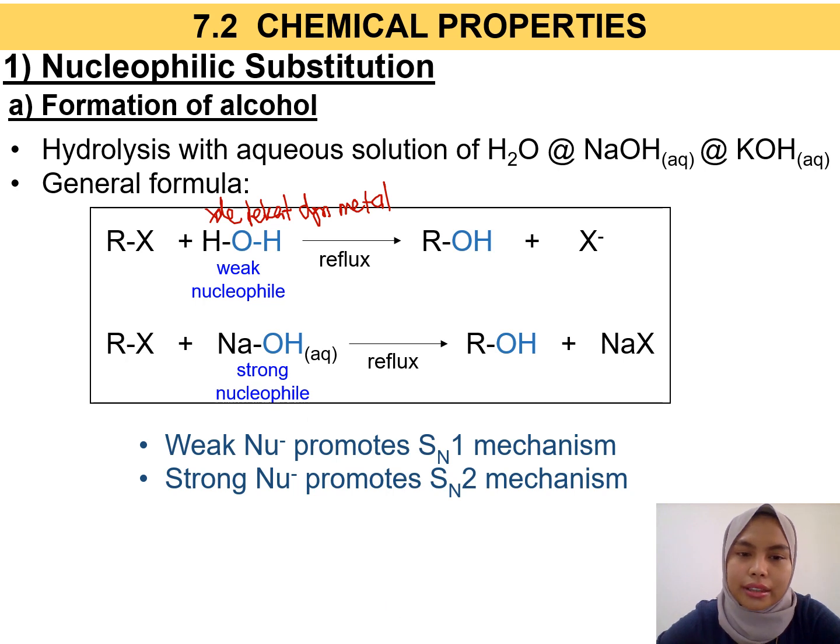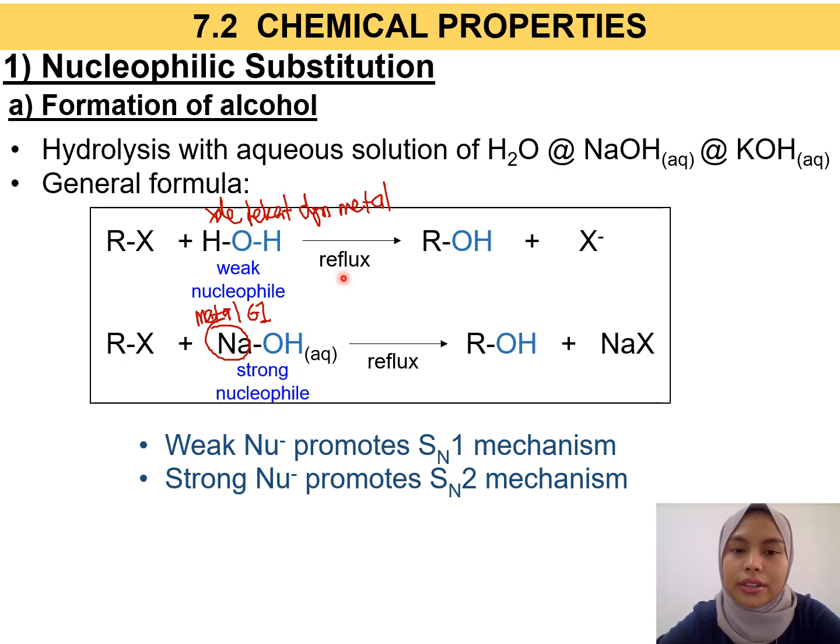Na is a metal group. This one is a metal group berapa? Group 1. Okay. So since that ada kehadiran metal kat situ, dia akan menjadikan this nucleophile is a strong nucleophile. So this OH akan terus dapat OH minus instantly. So bila dia dapat OH minus instantly, itulah menjadikan dia strong nucleophile.